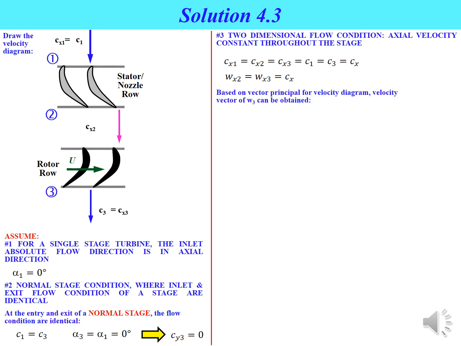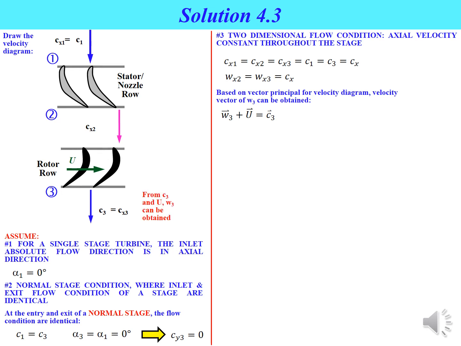Based on the vector principle for velocity diagram, velocity vector of W3 can be obtained, where we know that by applying the principle of vector, W3 vector plus U vector equal to C3 vector.